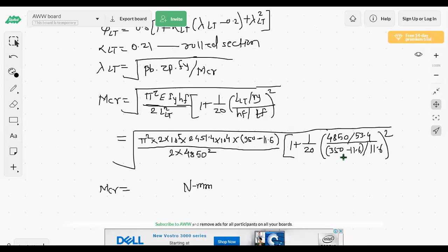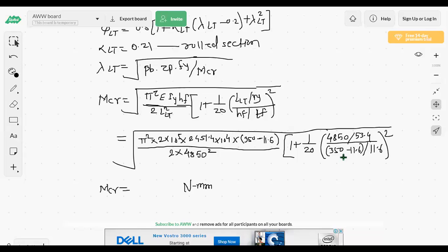Swapnil, please verify the answer. Yes, Amol Pawar has given 22.69.